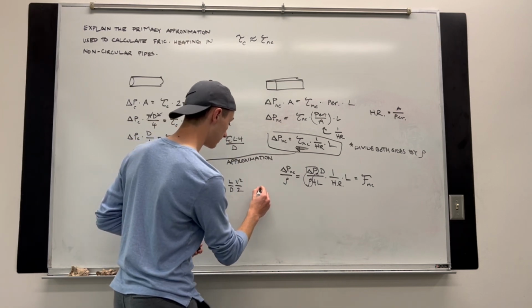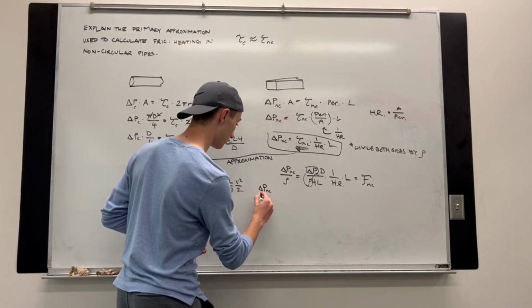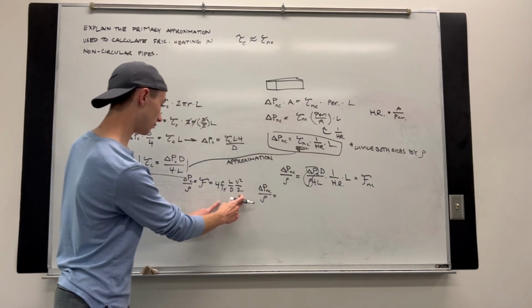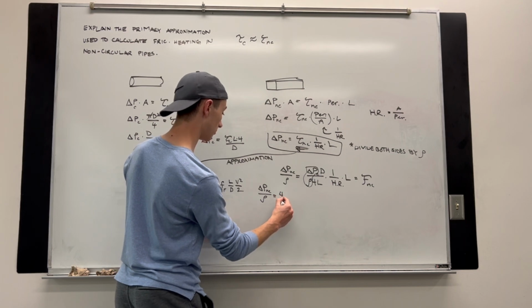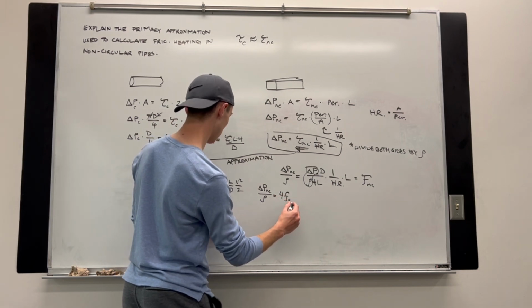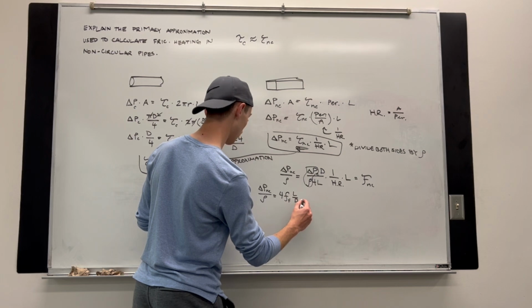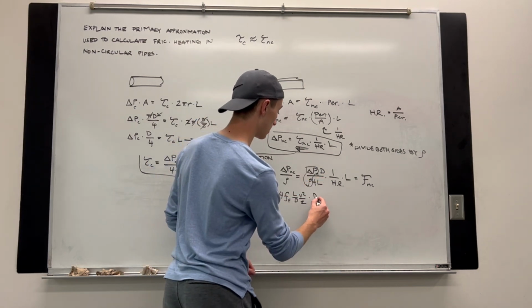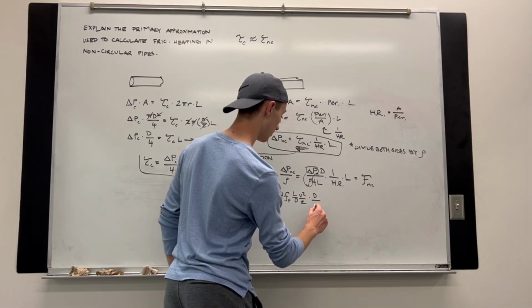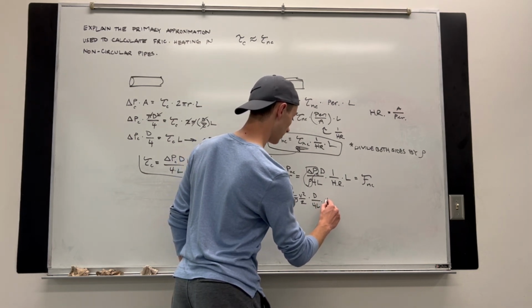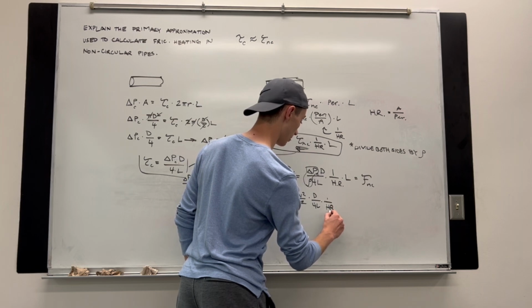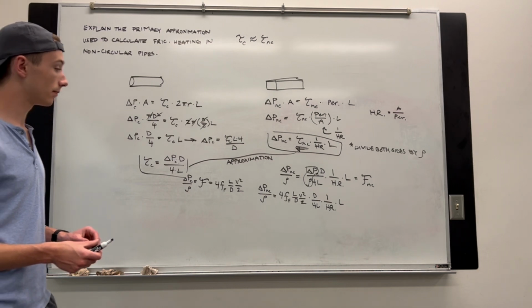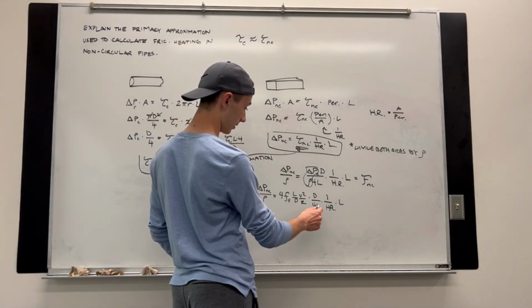We get this expression here times D over 4L times 1 over the hydraulic radius times L. Okay, we can do some algebraic things here.